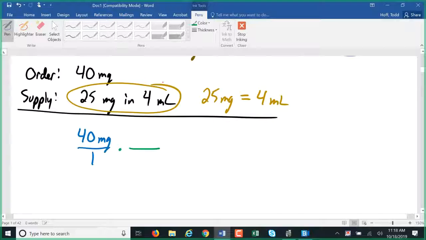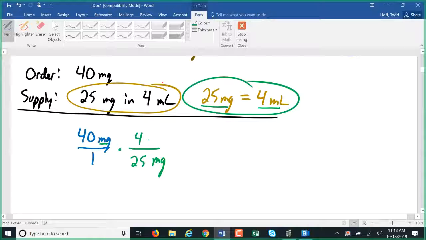So in our conversion factor, we're getting rid of milligrams, so we have to put milligrams on the bottom. What we have here for an equivalency for milligrams is the 25 milligrams to 4 milliliters.